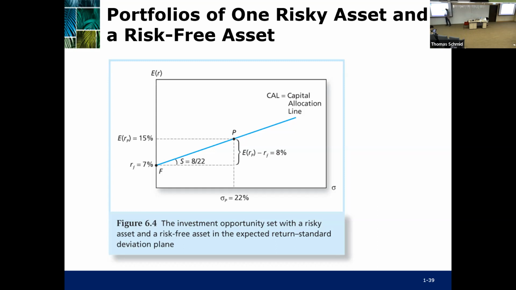How can we realize these points? Yes, this is leverage. We actually borrow money, right? We buy on margin. So points to the right of P means we are buying on margin, we are investing 150% of our wealth in P.